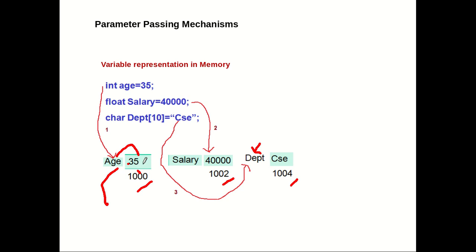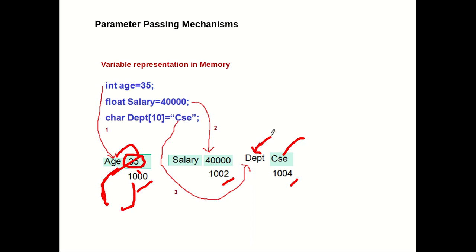Suppose I want to access this particular value. There are two ways to access the content of age: one by using the name of the variable, and another by using the address. Similarly, if I want to access the content of the DEPT variable, which is CSE, how can I do this?